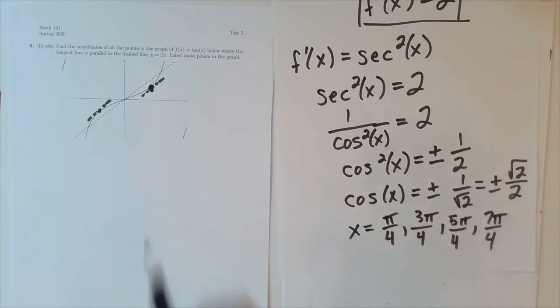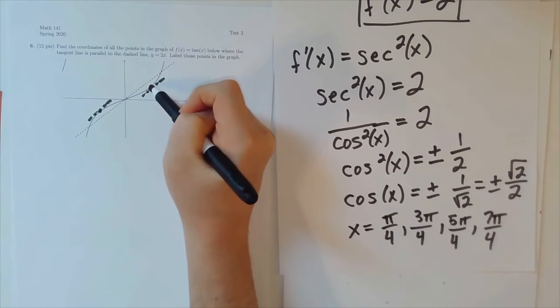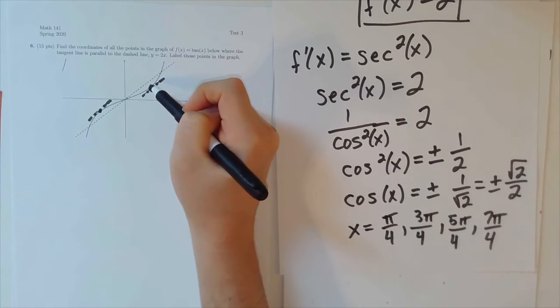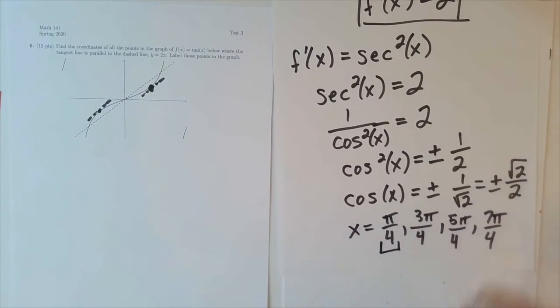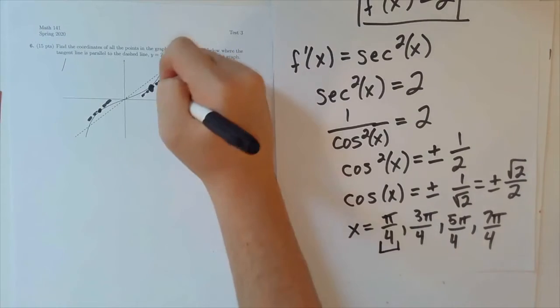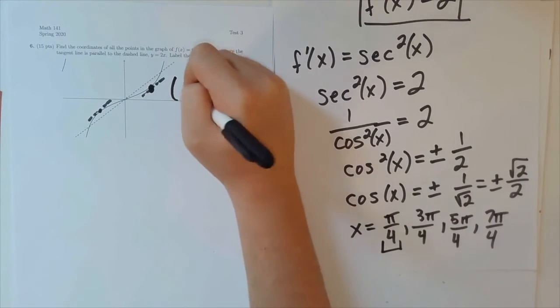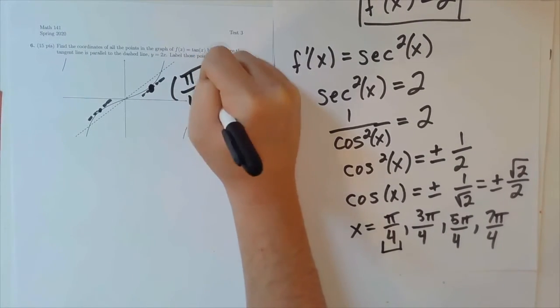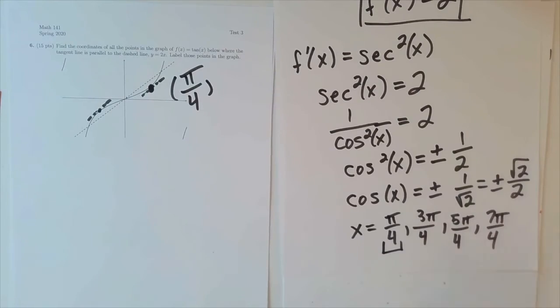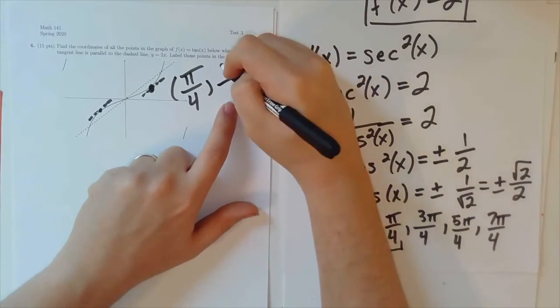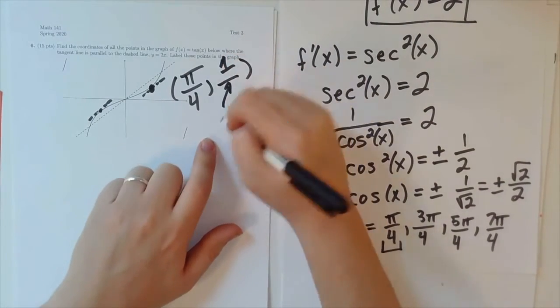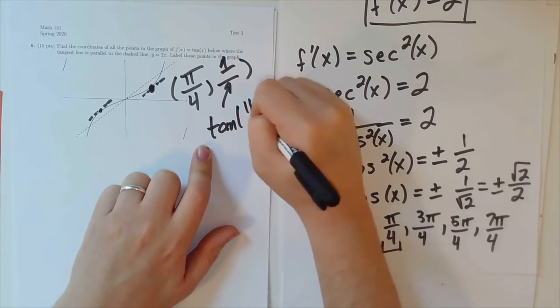And so this is actually the first point where x is positive where this happens. So namely, this is going to correspond to the x equals pi over 4 solution. So the coordinates of this point are pi over 4, comma, and then the tangent of pi over 4. And the tangent of pi over 4 is 1.